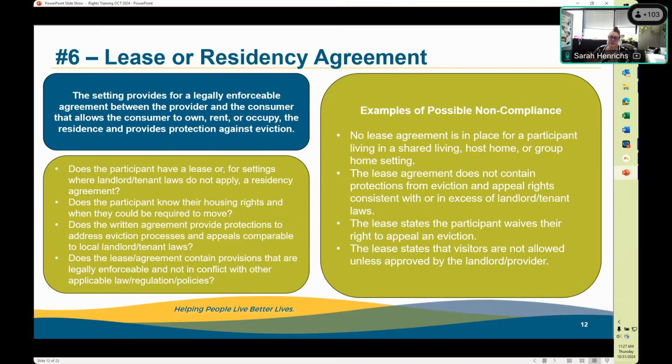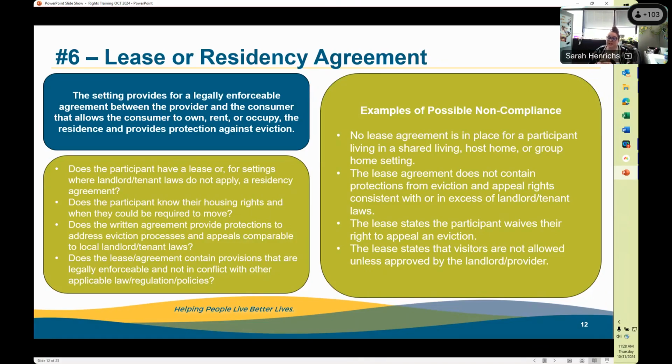My landlord can't just take that lease and go into my bank and say, give me this amount of money out of Sarah Heinrichs' account because she signed this lease saying she'd take responsibility for damages. They would have to sue me or have me cited legally or criminally for property damage, and then restitution might happen out of that criminal proceeding as a penalty. But even when things like that are in leases, it doesn't circumvent my rights to due process, and it doesn't do that for our participants either.